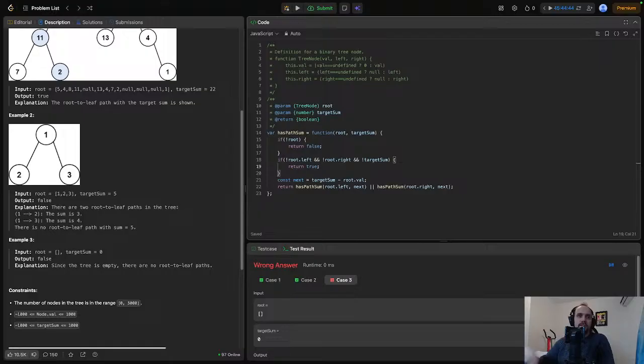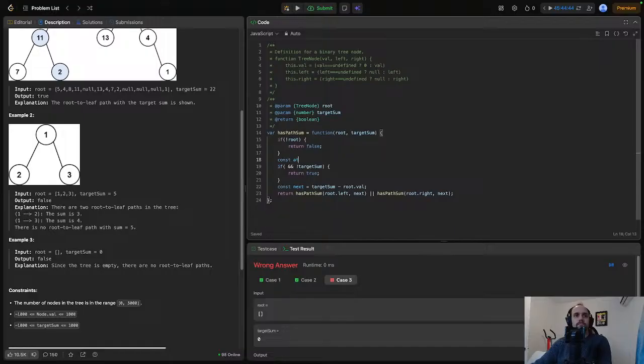So if we're basically at a leaf, is leaf, otherwise we need to go down the left and the right path.